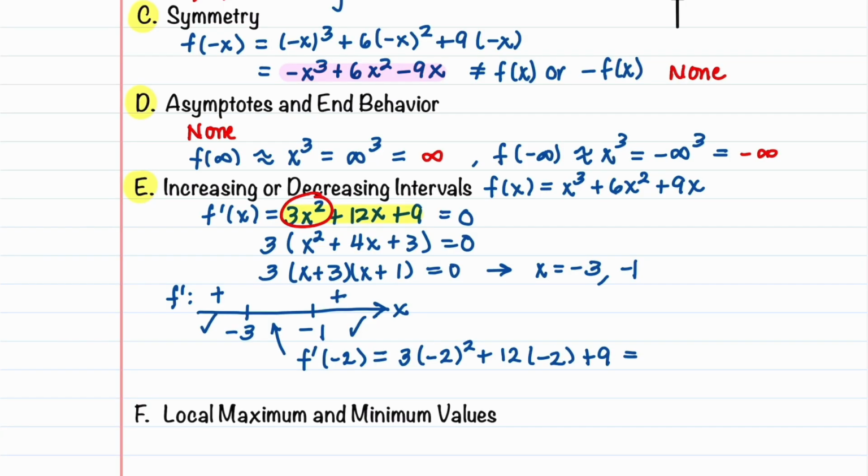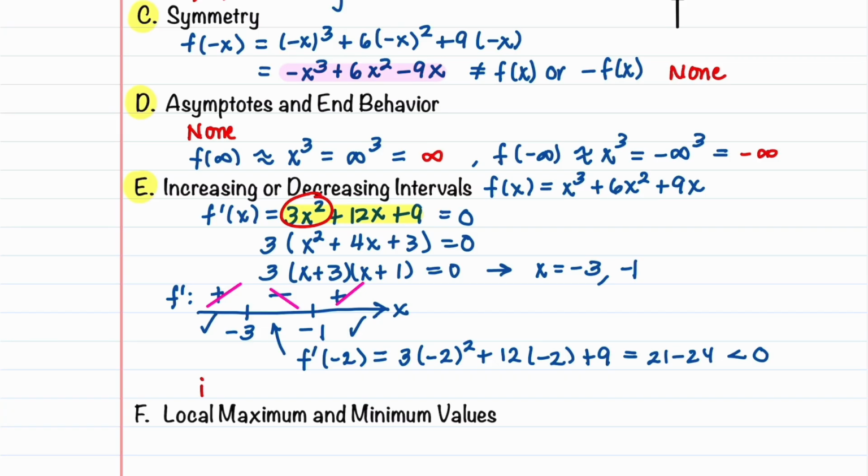This is 3 times 4, which is 12, plus 9 is 21, minus 24. We don't care about the value. We just need to know if it's positive or negative. This is negative, so we're going to put a negative up here. And now let's add some increasing and decreasing lines. This is increasing, decreasing, and increasing.